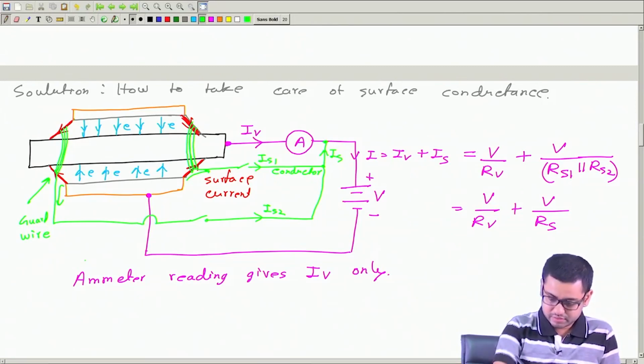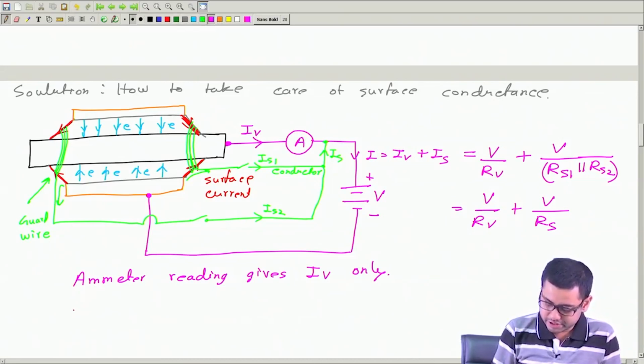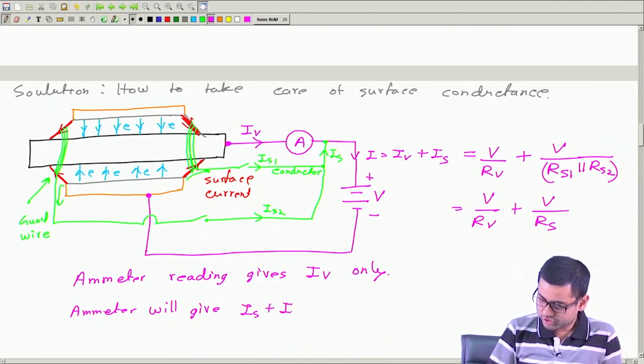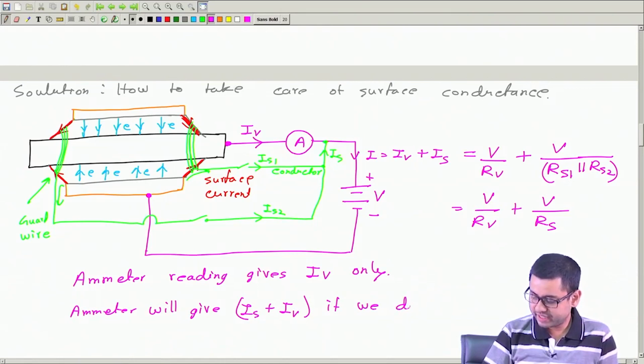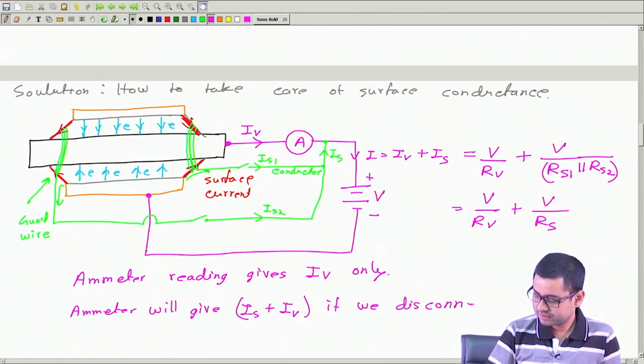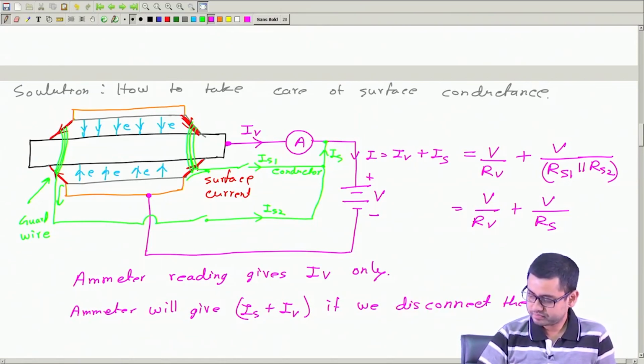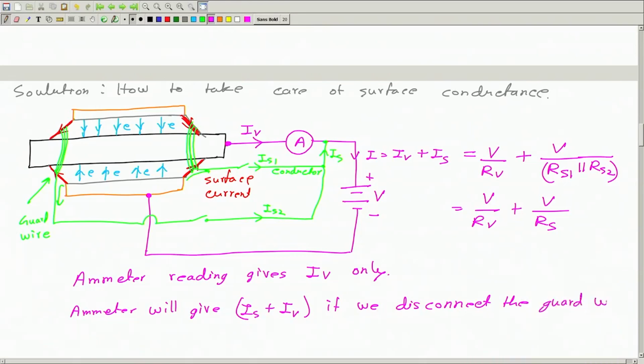If we disconnect it, then the ammeter will give both IS and IV if we disconnect the guard wire. And the ammeter reading gives IV only if the guard wire is present.